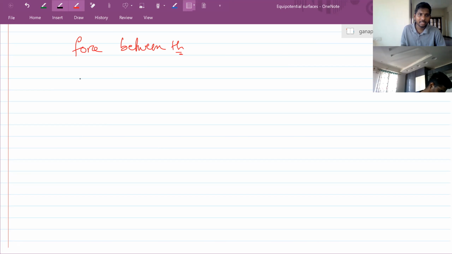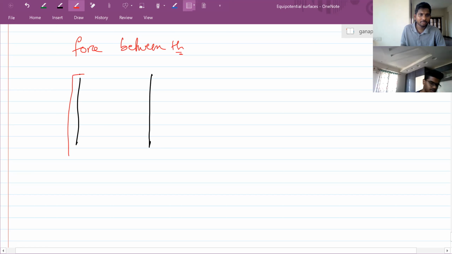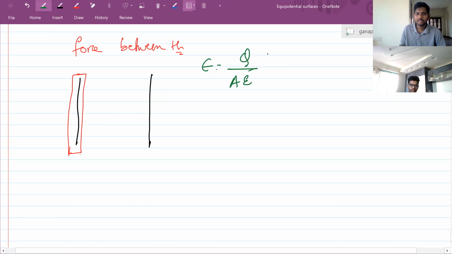What we need to write here is only the field due to one plate for finding the force. The actual electric field is nothing but Q by A epsilon naught, that is sigma by epsilon naught, right?